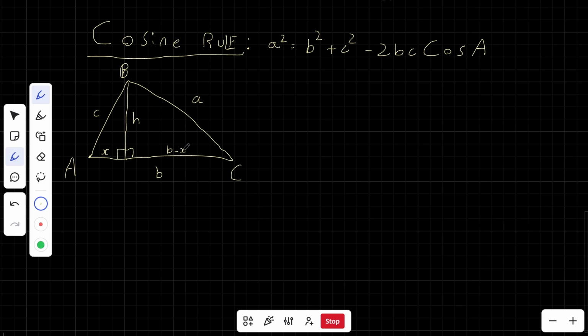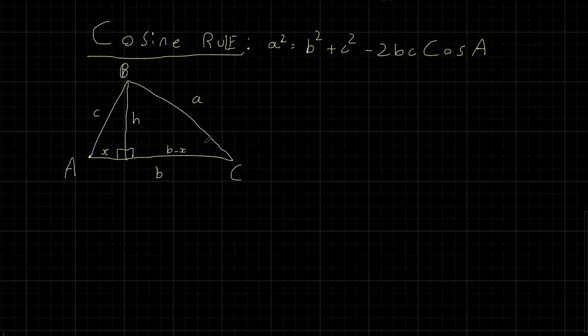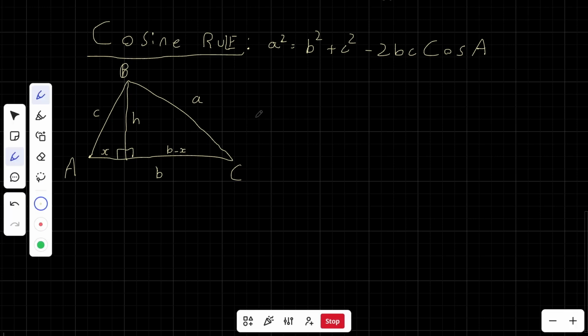Cool. So now using Pythagoras' theorem, we're going to get from this right triangle here that a squared is equal to h squared plus (b minus x) squared. That's quite a lousy bracket, but you understand.